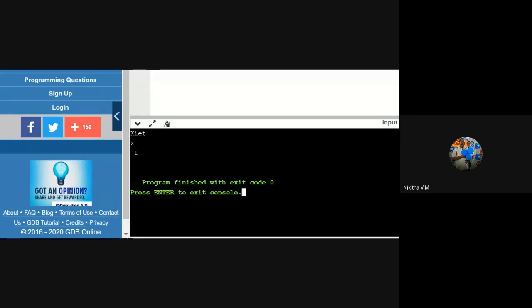Clear? Is it clear, guys? Why are you getting the -1? Whenever you're trying to find the index of a letter which is not there in your given string, you're going to get -1.